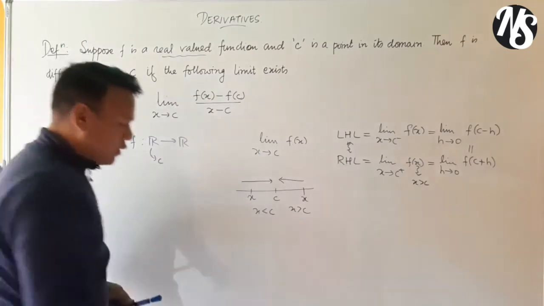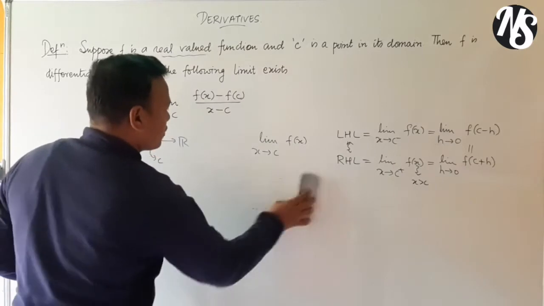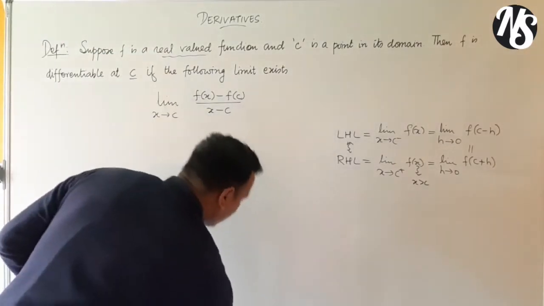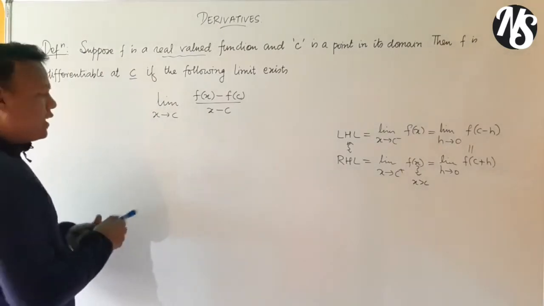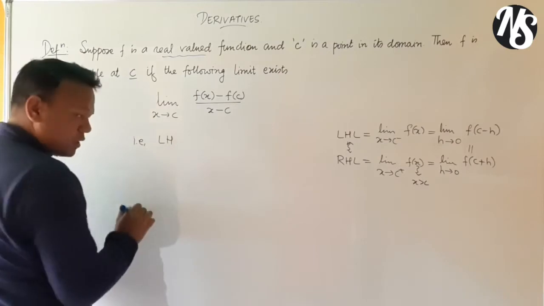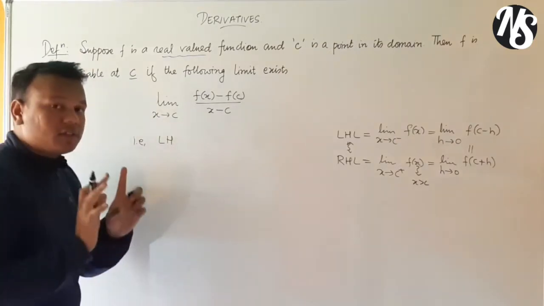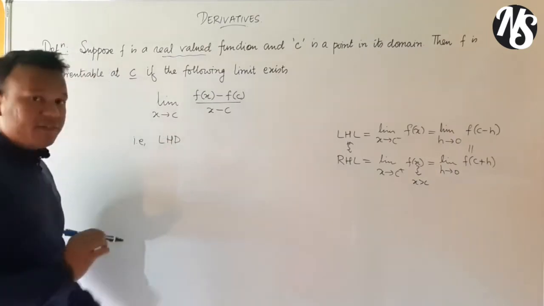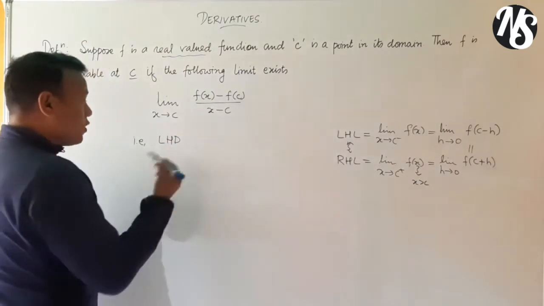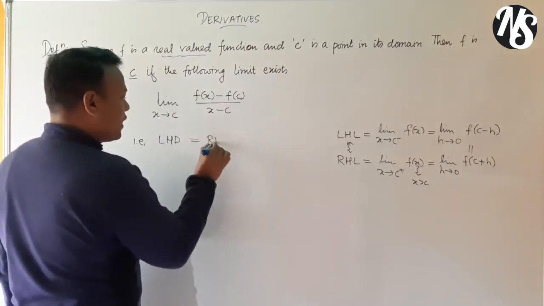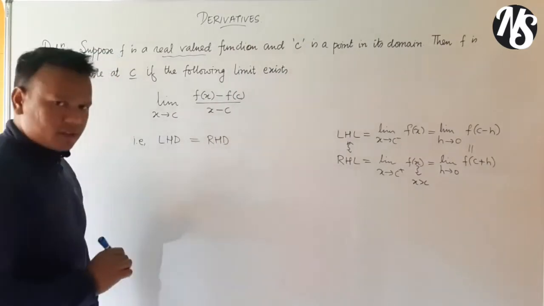Okay. Now let me quickly write down the definition for this. So as I said here, if this limit exists, then what happens? You have the left hand limit. So this time I'm not going to call it LHL, I'm going to call it LHD, left hand derivative. Okay. So that means the left hand derivative must be equal to the right hand derivative in this case.